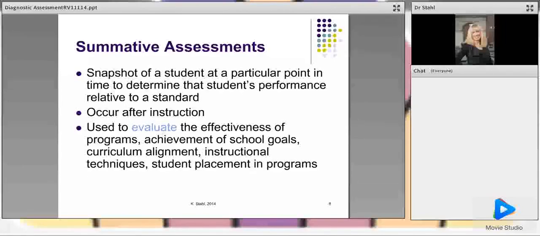So, for example, some of the schools in the state of New York may have used their New York State ELA tests to really gauge whether their curriculum is in close alignment with the new national standards. And so a summative assessment can be used in that kind of way and is very effective for evaluating a large umbrella program.